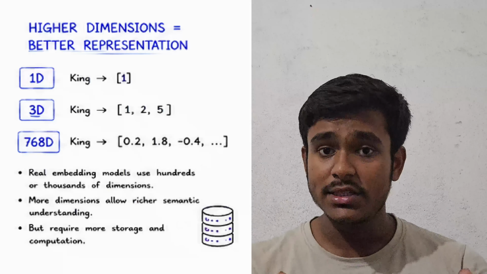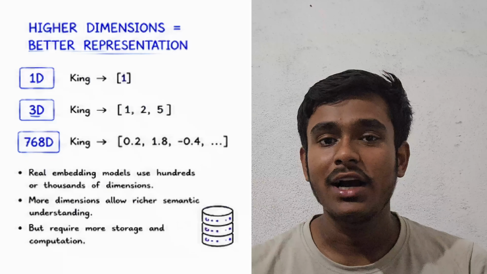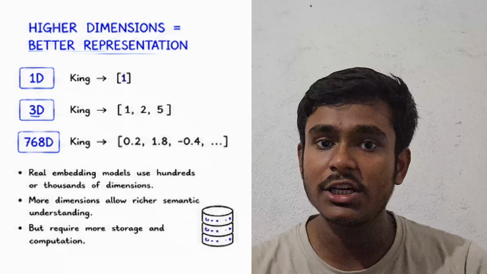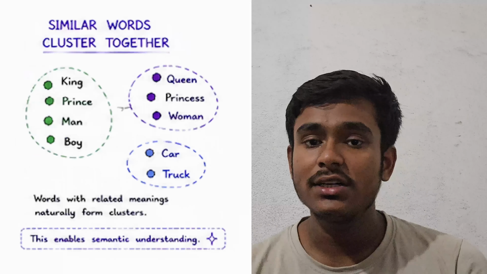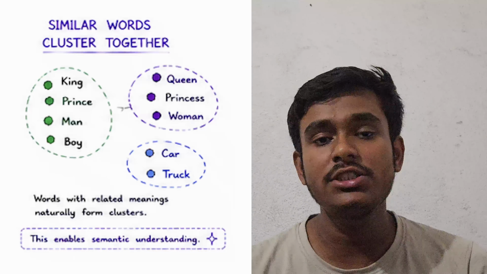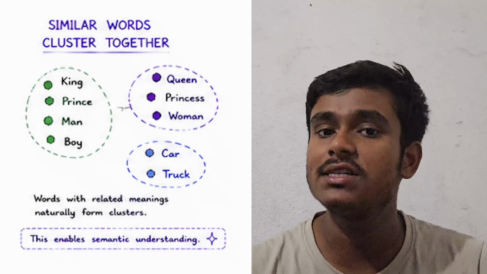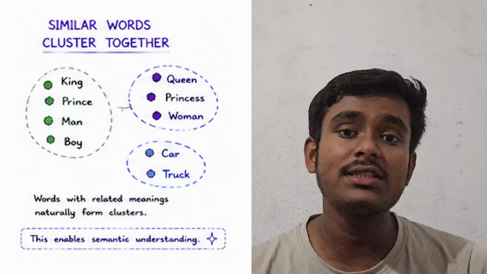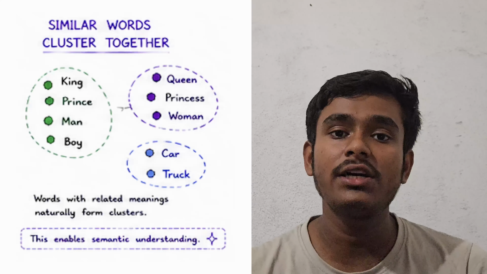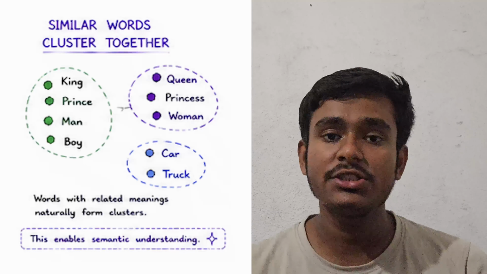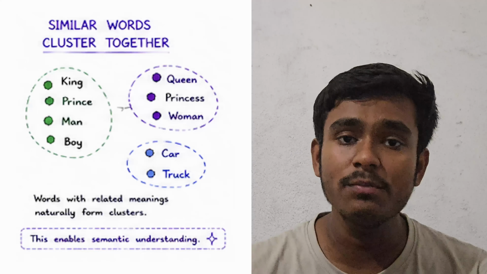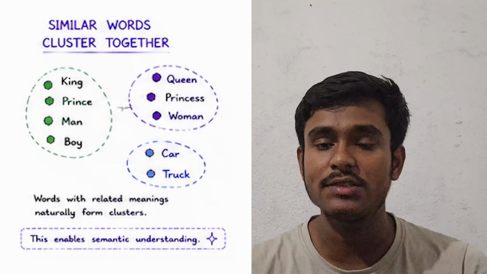So words with similar meaning are placed closer to each other, and words with much different meanings are placed away from each other. This is the basic concept behind embeddings. And this is how we represent each and every word in n-dimensional vector space. I hope this helps you understand what a vector space is.